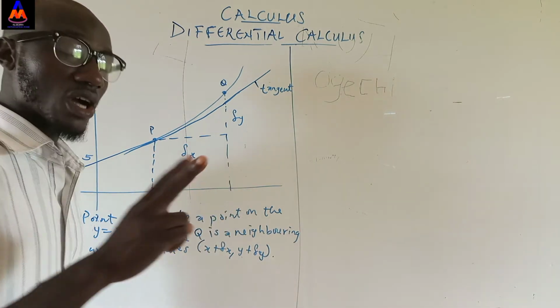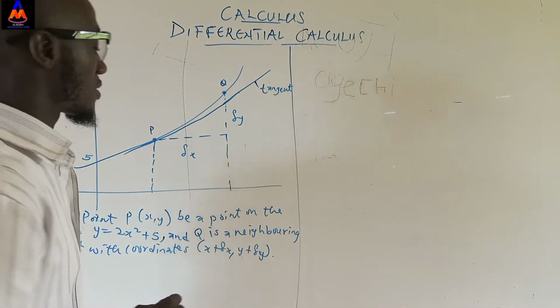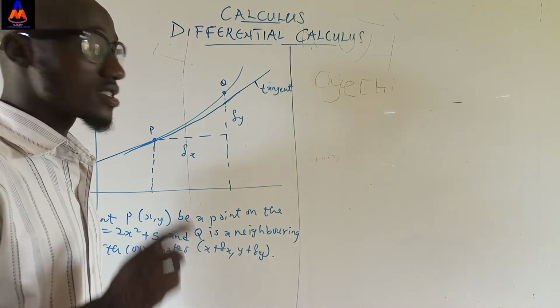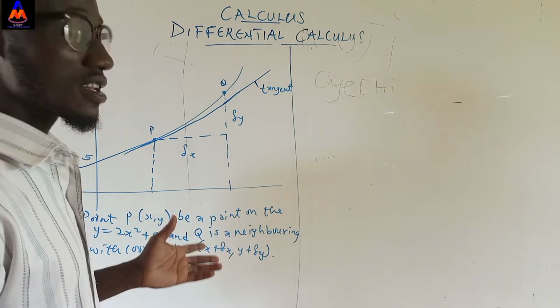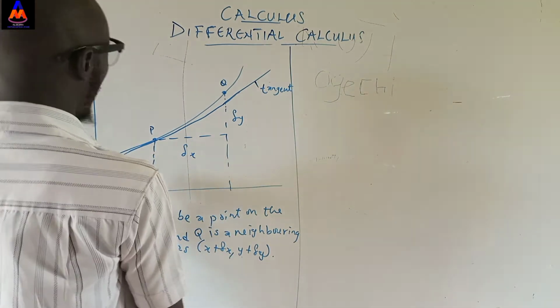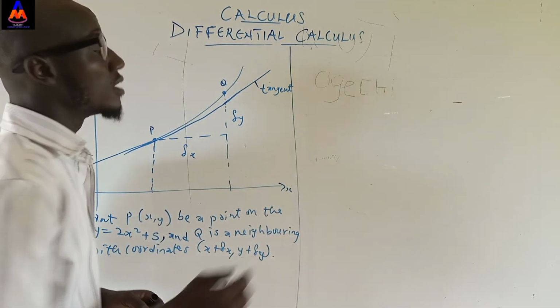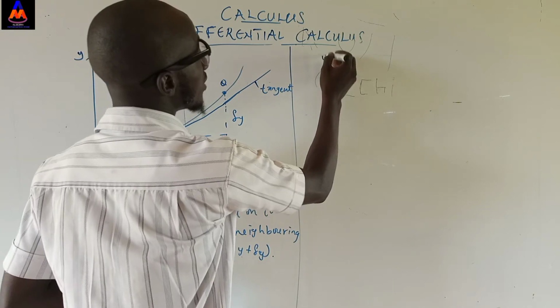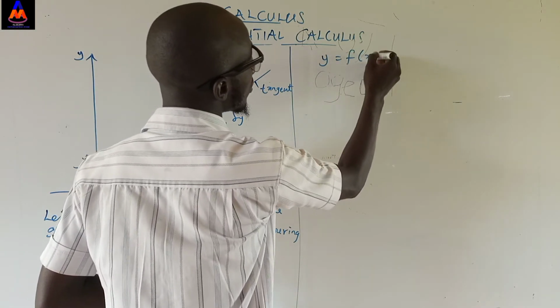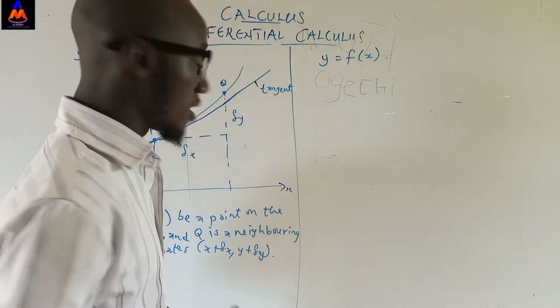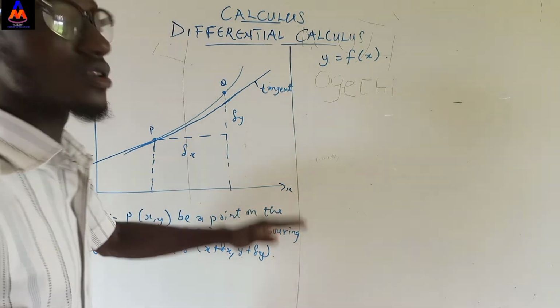Now, we are going to calculate it in two ways if time permits. The first way we are going to calculate it is that we have to consider the fact that from our graph, which is the y-axis and the x-axis, we can establish that our y is a function of x, isn't it? Y depends on x.